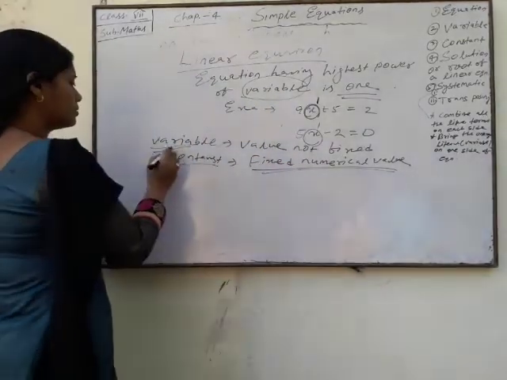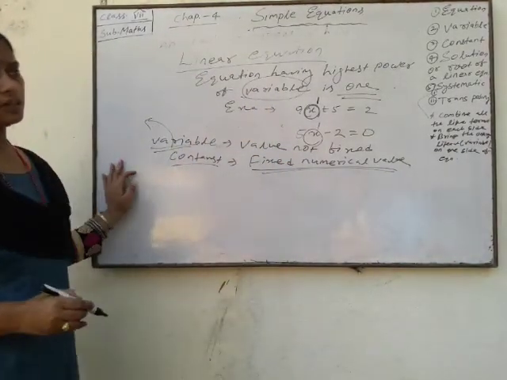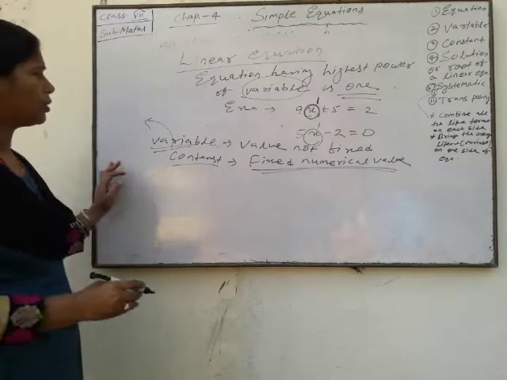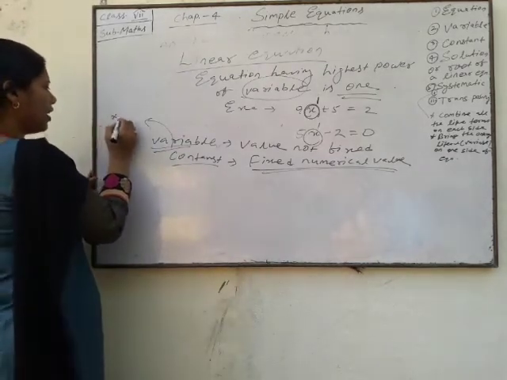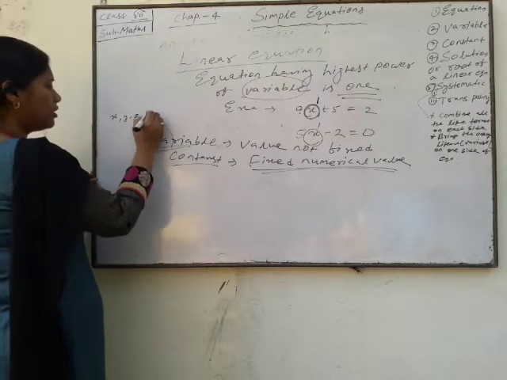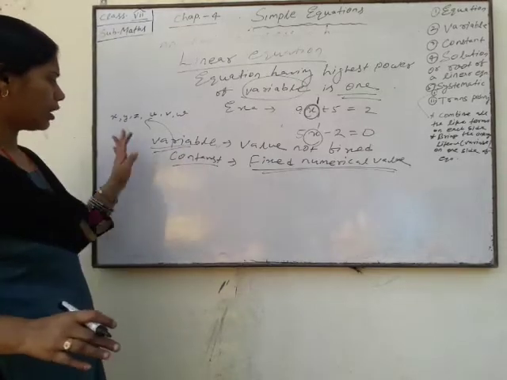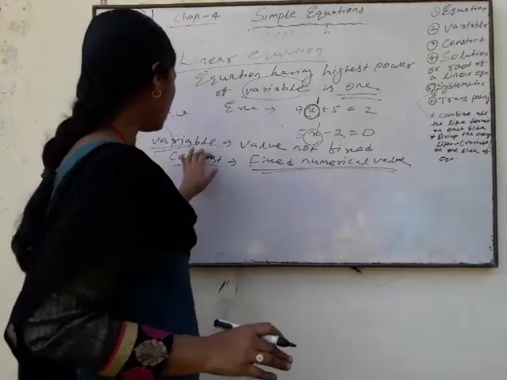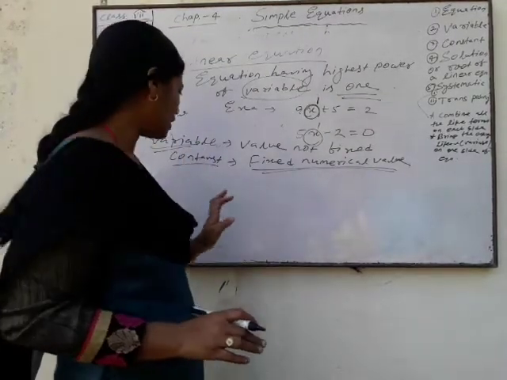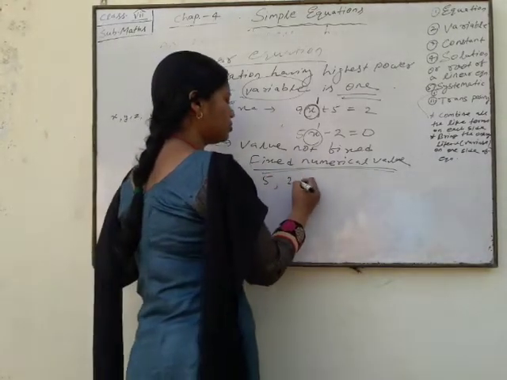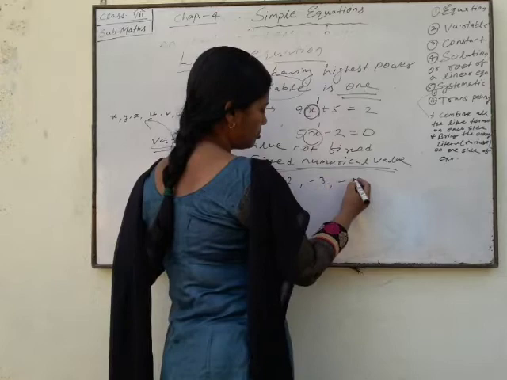A variable can be denoted by a small alphabet letter: x, y, z, u, v, w. In this way we denote a variable. Constant means a fixed numerical value, for example 5, 2, -3, -5.